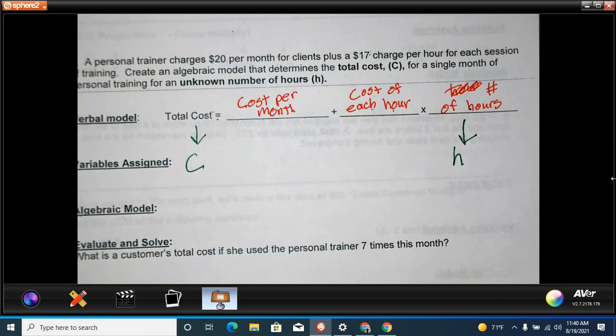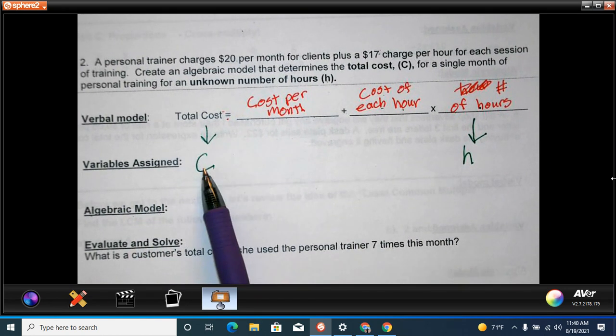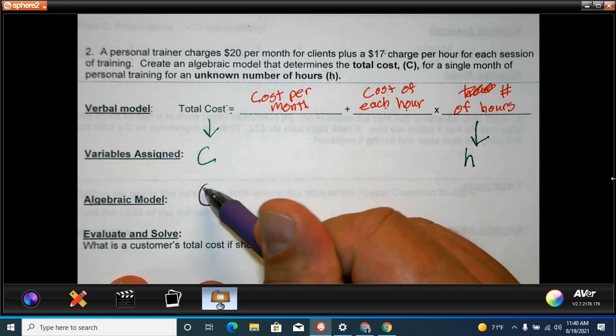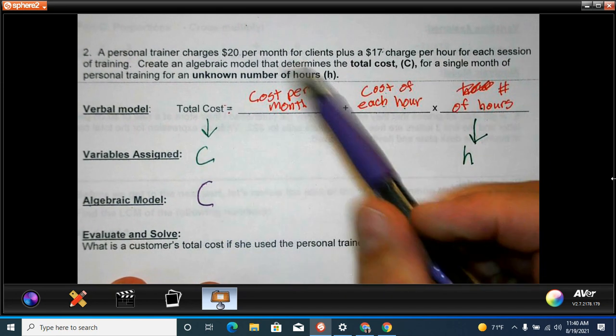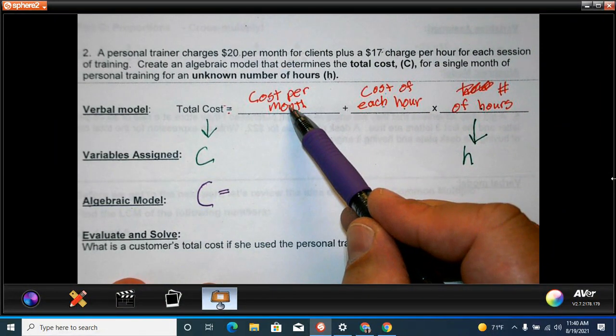So now we're going to do our algebraic model. With all this information, your algebraic model is pretty easy to put together. Our total cost, C, equals the cost per month. Now we know what that is. That's given, right?